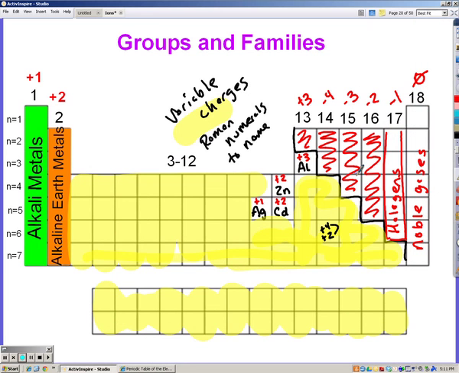You can tell that because nitrogen's in the -3 column, potassium's an alkali metal, so +1, bromine is a halogen, so -1, oxygen's in group 16, magnesium is an alkaline earth, aluminum is a +3, and cadmium is a +2.